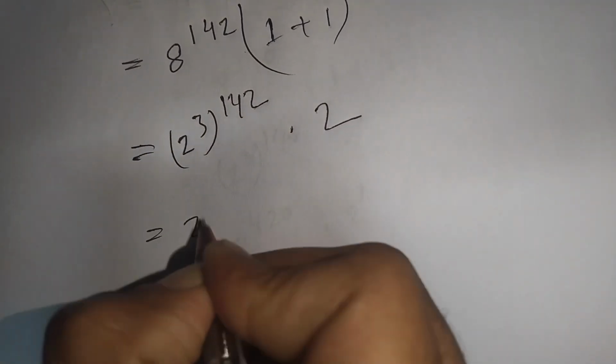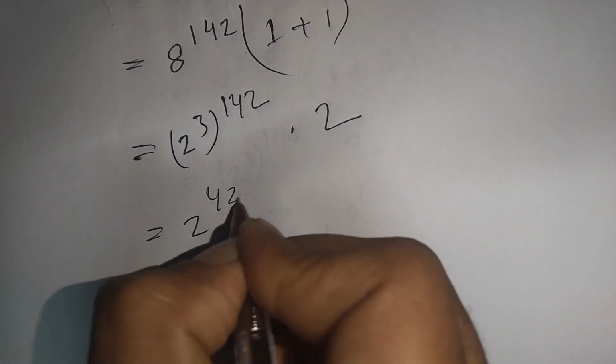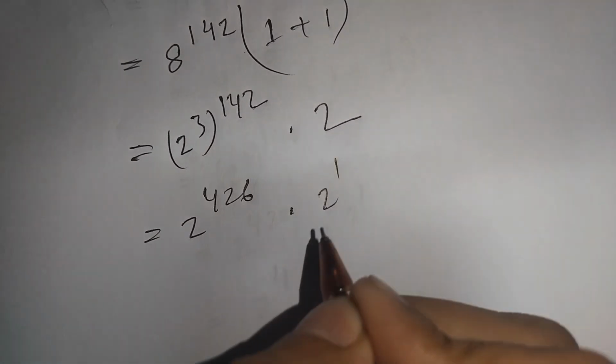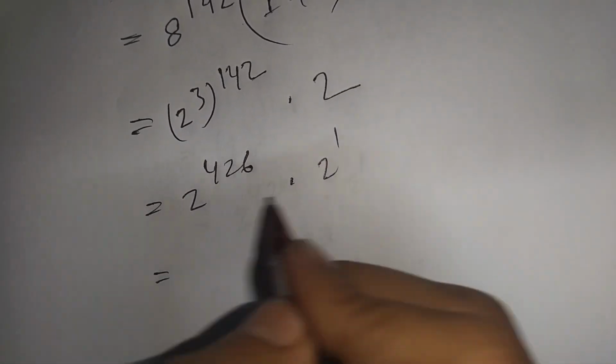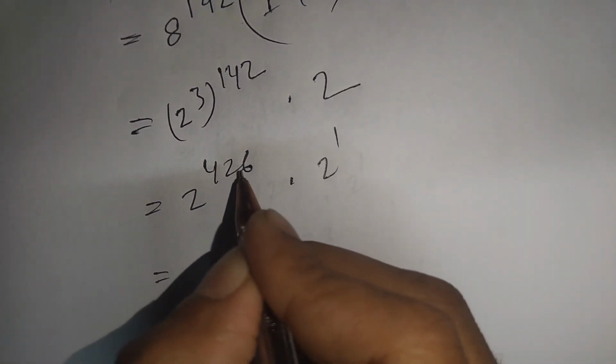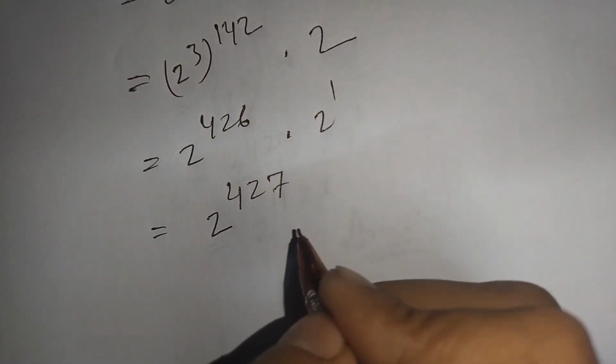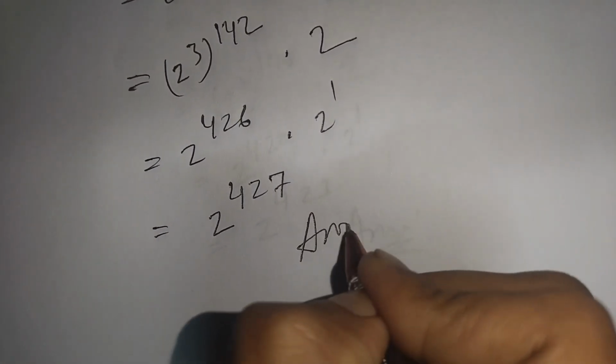Now 2 to the power 3 times 142, that means 426, times 2 is same as 2 to the power 1. Now we see that 2 same base but different powers, so you can write it 2 to the power 426 plus 1, that means 427. So 2 to the power 427 is the correct answer.